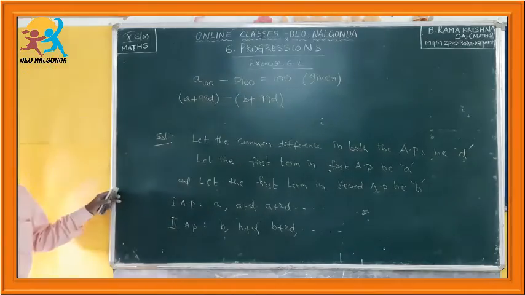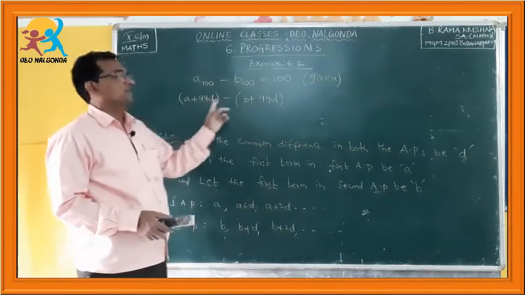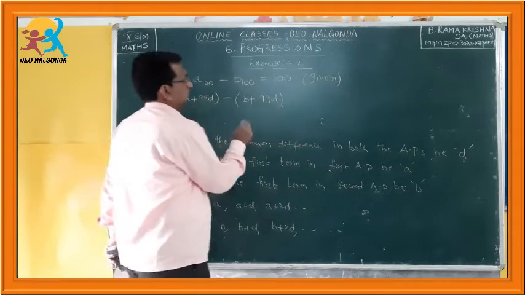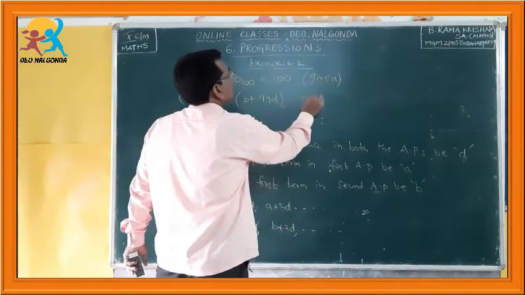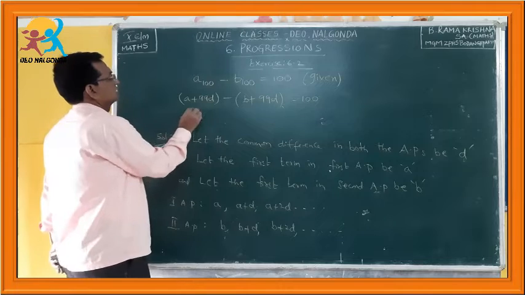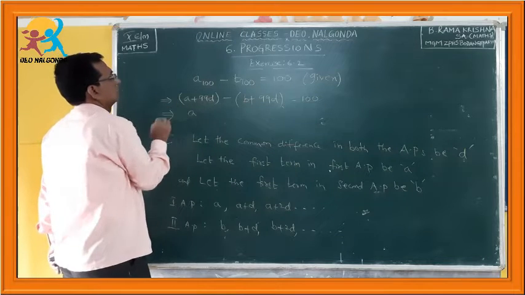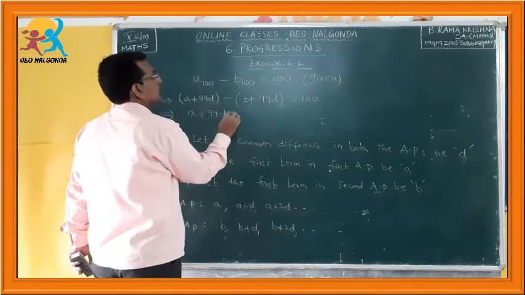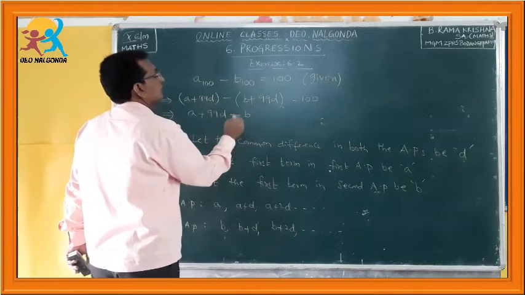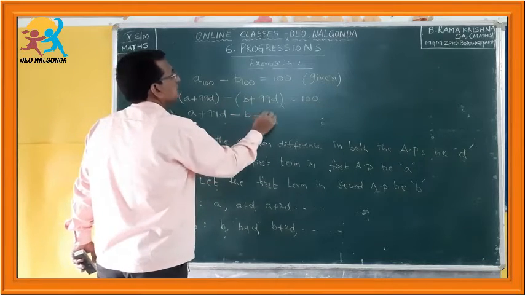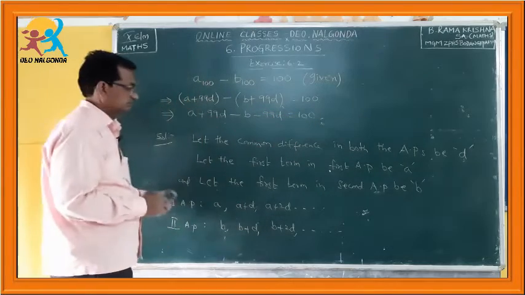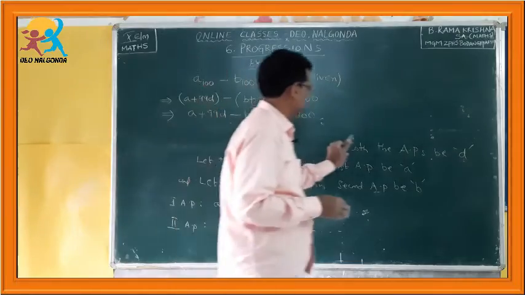Because D is the common difference, which is the same, as given in the problem, and it equals 100. Now after removing the brackets, what do you get? A plus 99D minus B minus 99D is equal to 100. Let me erase this.